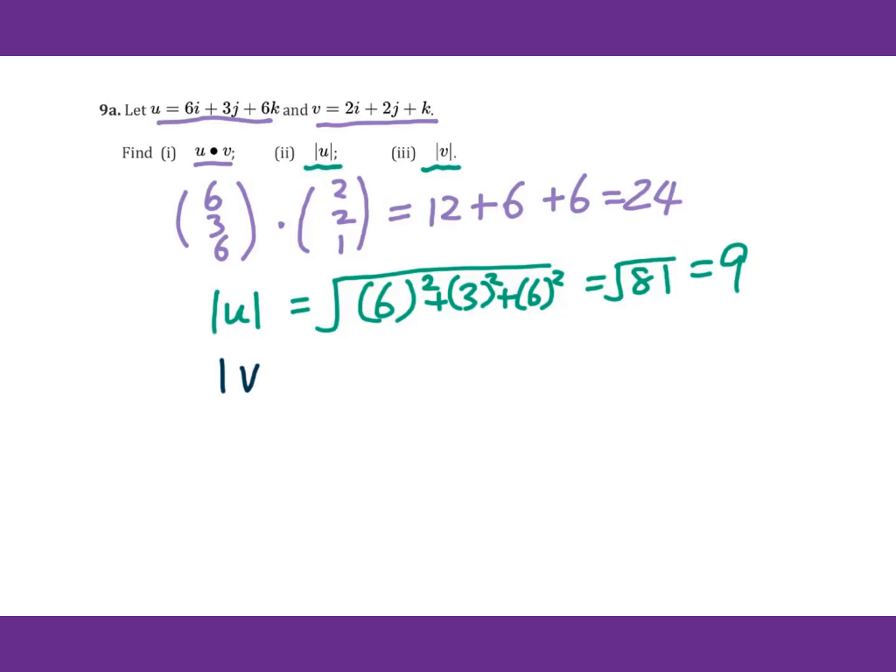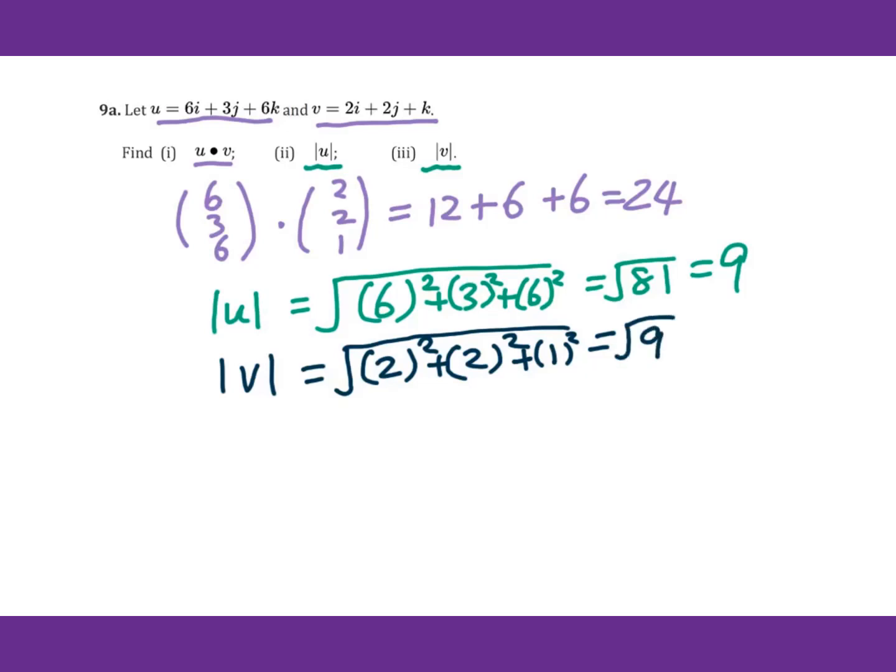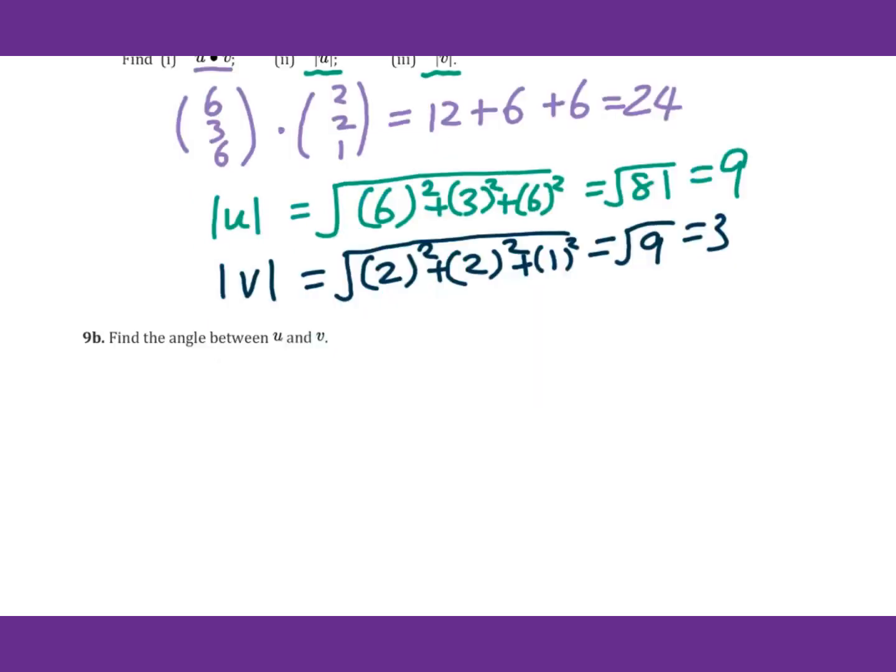Magnitude of v equals square root of 2 squared plus 2 squared plus 1 squared, which is the square root of 9, equals 3. Now we are looking for the angle between u and v. So cosine theta equals u dot v over the magnitude of u times the magnitude of v.